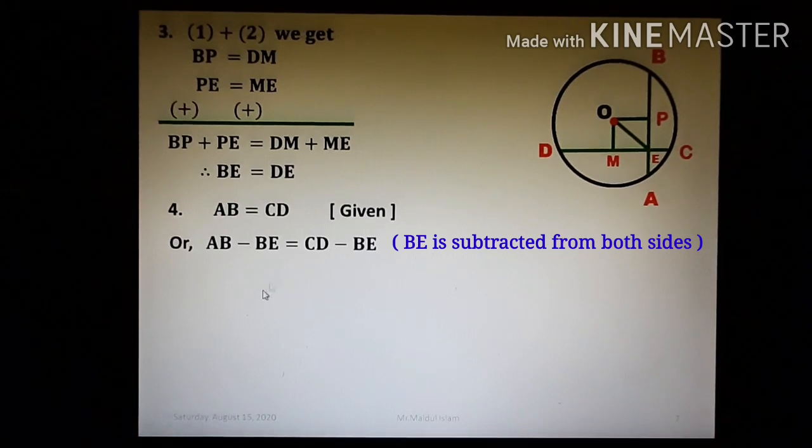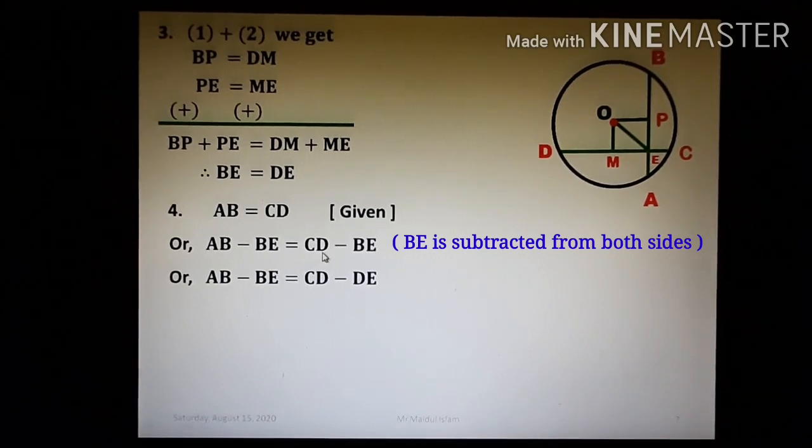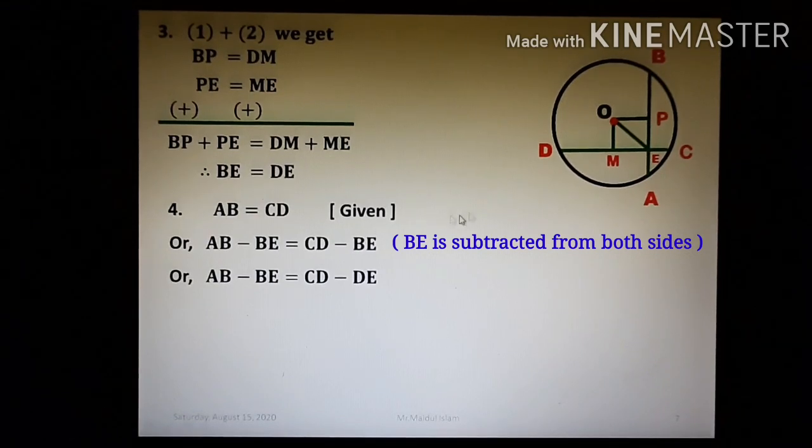Okay. So here I am writing again AB minus BE is equal to CD minus BE, or you can write CD minus DE. So another name of DE is BE. Look at the figure. CD minus DE.